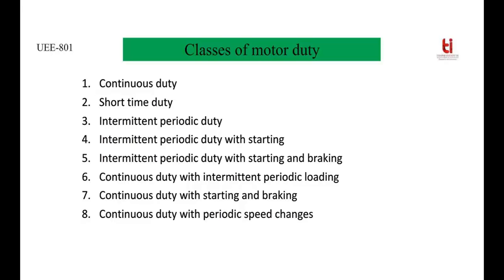That means the machine is continuously on for some duration of time and some load is there. Next duration of time, the load is removed, but the machine is not off. Then the seventh one, continuous duty with starting and breaking, and continuous duty with periodic speed changes. In the last three classes, 6th, 7th and 8th, the machine is never off or at rest.